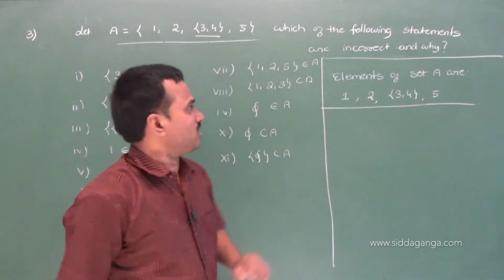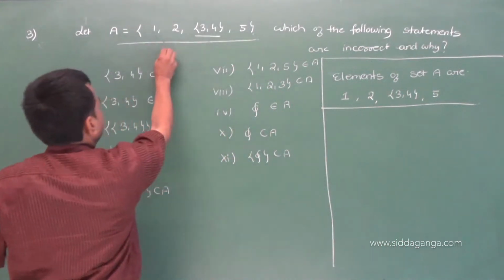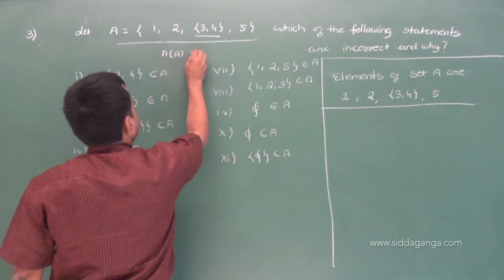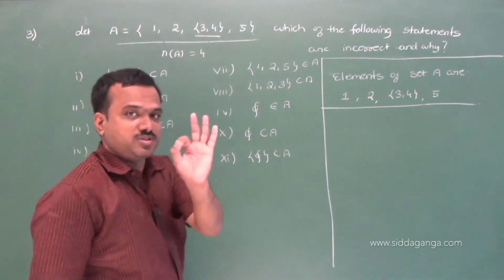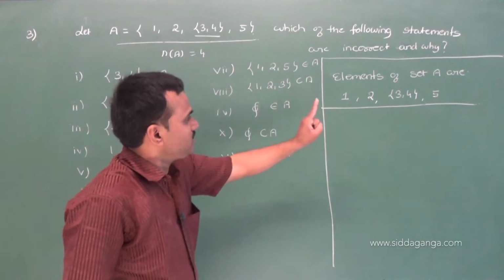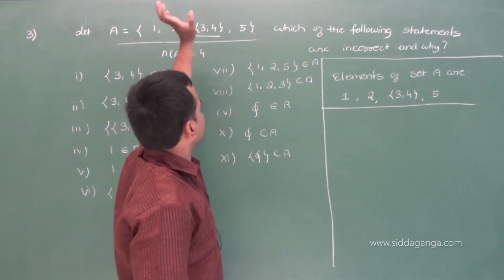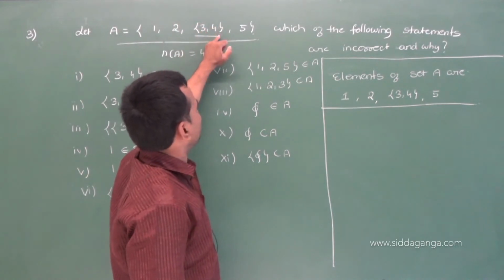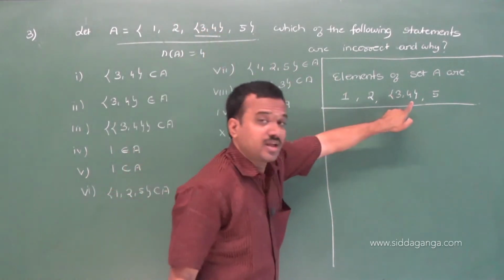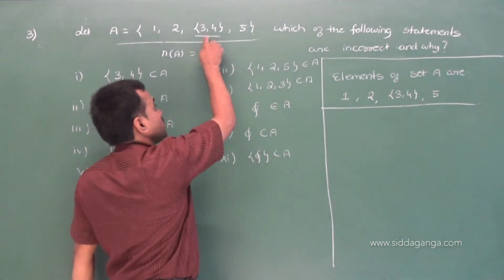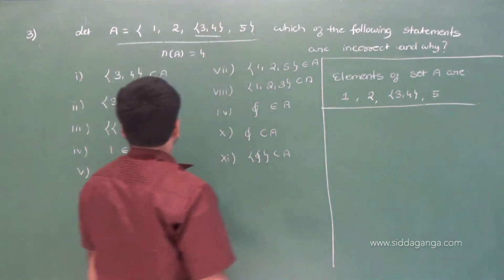The total number of elements, n of A: 1, 2, 3, 4. n of A is 4. This is very important. The elements of set A are 1, 2, the whole set {3, 4}, which is also an element, not a set, and 5 is also an element.